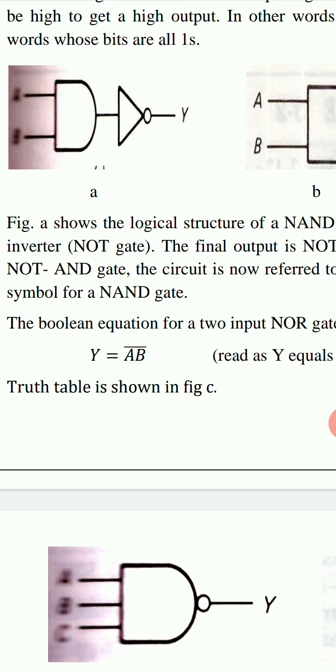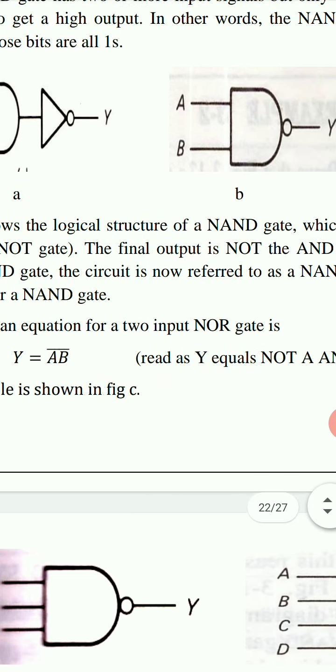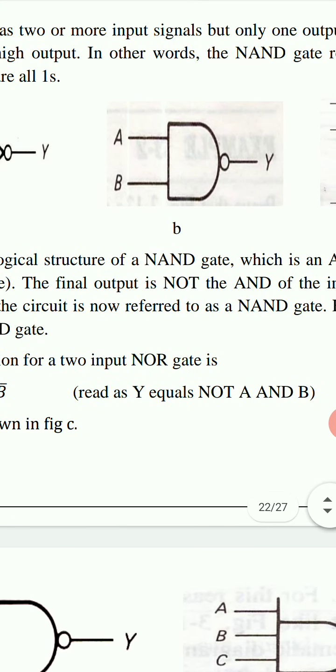The output of this AND gate is A dot B because it is an AND gate, and this is the input for the NOT gate. So the output of the NOT gate Y is equal to (A dot B) bar. So this is the symbol for the NAND gate. NAND gate is an AND gate followed by a NOT gate.